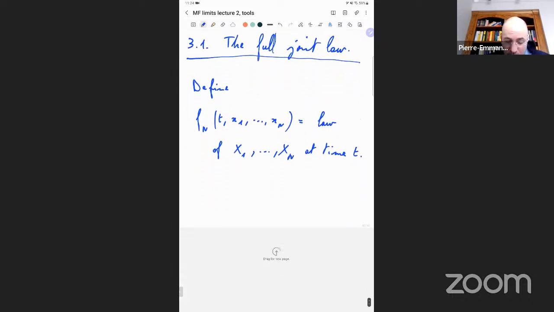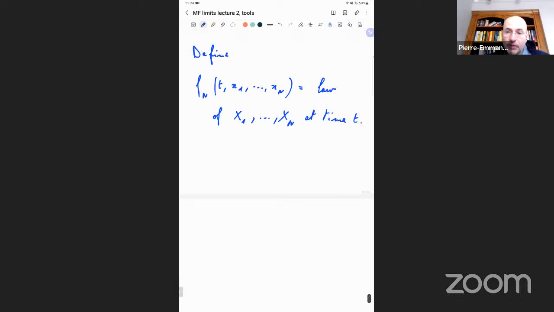Now, let's make something clear here, right? This is an object that does not contain trajectories anymore, right?